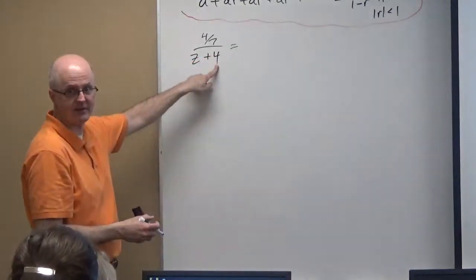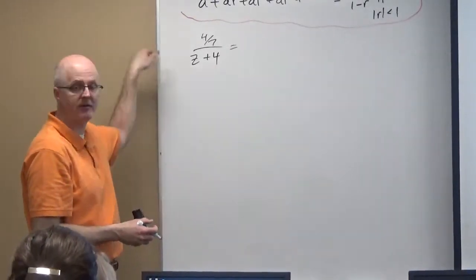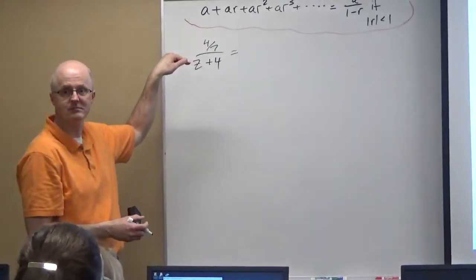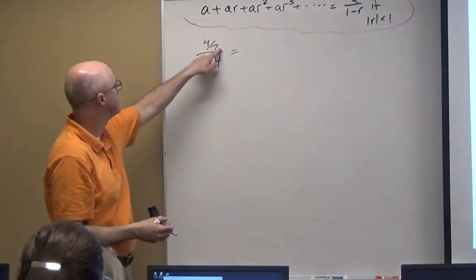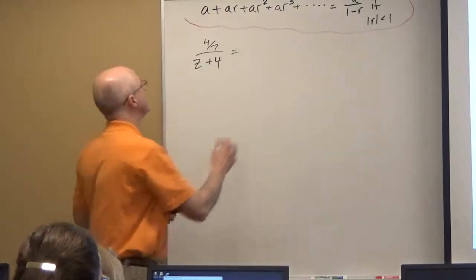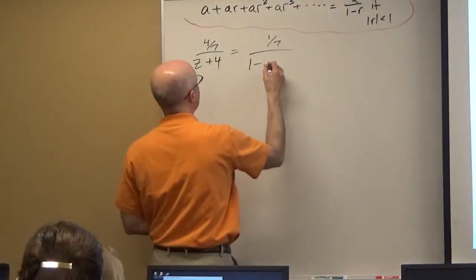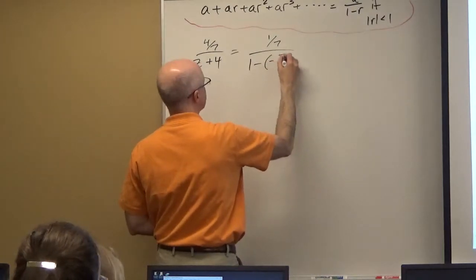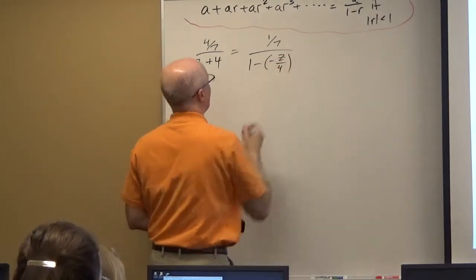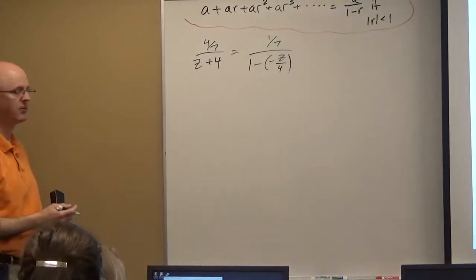Well, if that were a 1 instead of a 4, I'd be close to being done. So make it a 1 by factoring the 4 out. And you can bring it up here and write it as 4 over 7 times 4. The 4's cancel. You get a 1/7 on top, and you can write the bottom with a little bit more tricky algebra as 1 minus negative z over 4 in parentheses.